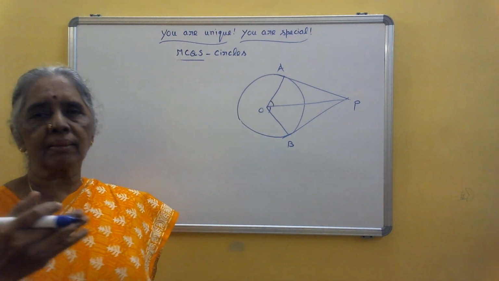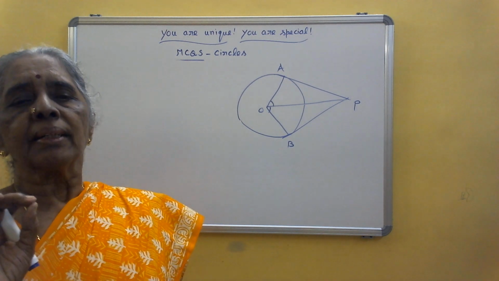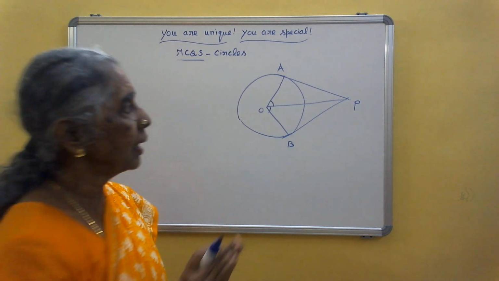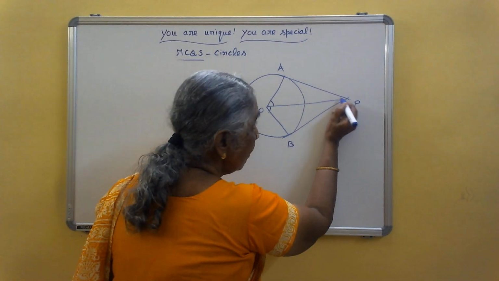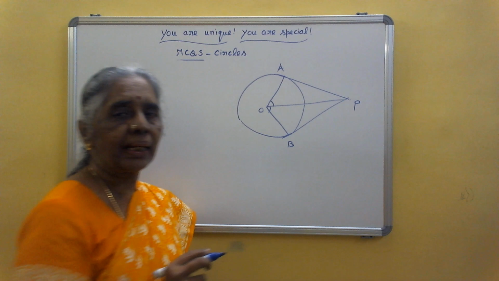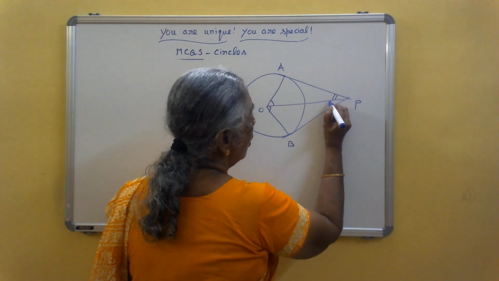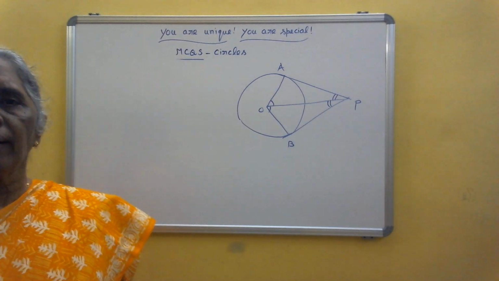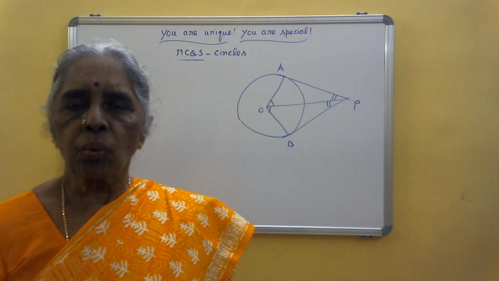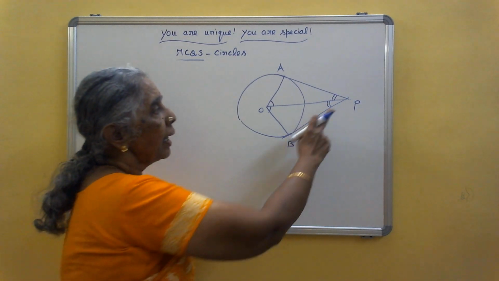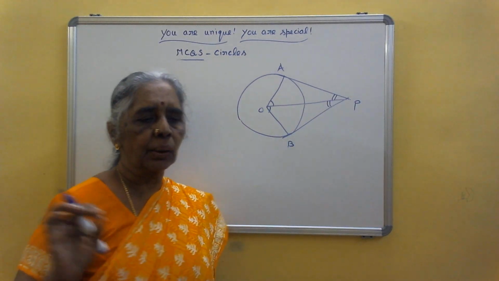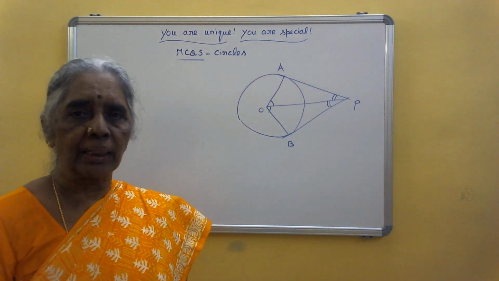That is, at the center they will subtend the equal angle. Then they will be inclined with this line OP equally. That means angle APO will be equal to angle BPO. So 3 points you should know about the two tangents drawn from an external point, right?